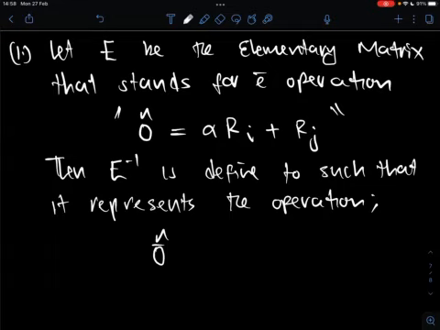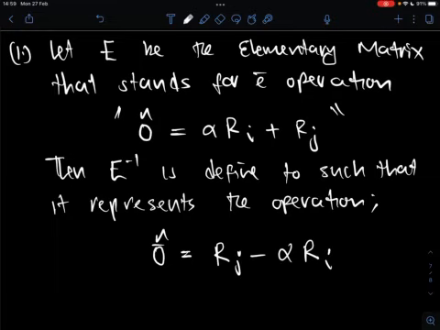So if E is an elementary matrix that represents that O, then E inverse is an elementary matrix which is defined such that it represents the following operation: Rj minus alpha Ri, like that.